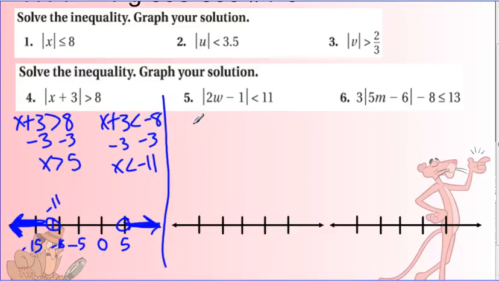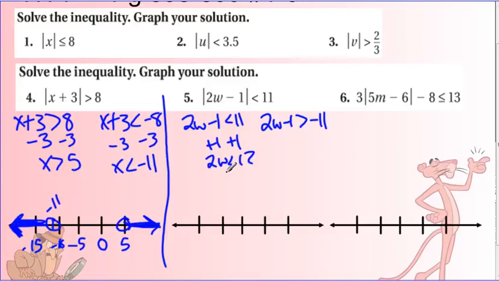Number 5. The absolute value is by itself, so we're going to separate it into 2w minus 1 is less than 11, and 2w minus 1 is greater than negative 11. Solve each. So add 1. You get 2w is less than 12, divide by 2.